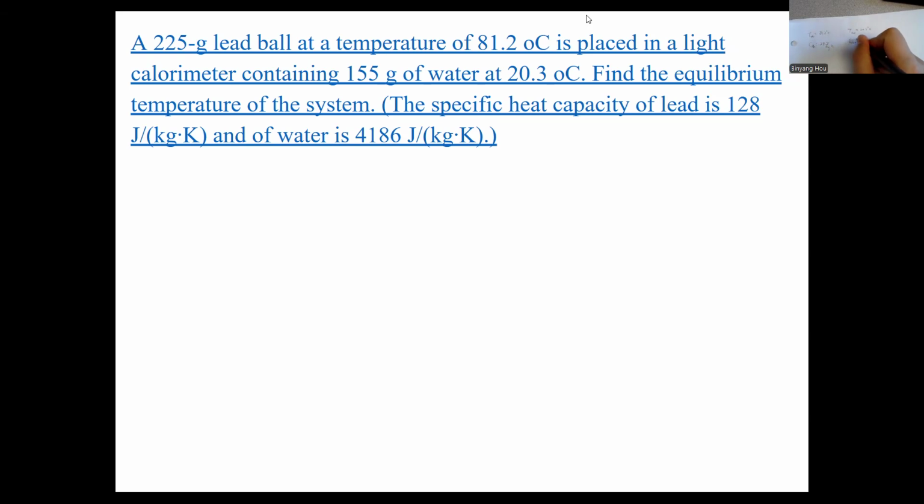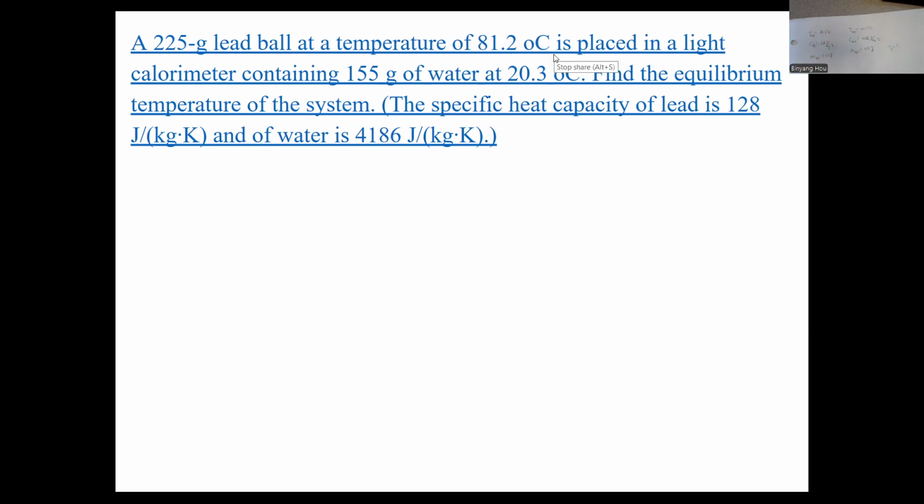Heat capacity of water is 4186 joules per kilogram degrees Celsius. Okay. And the two masses are given. Mass of the lead, again, 225 grams. Mass of the water is 155 grams. Okay. And we are looking for T final of the equilibrium.